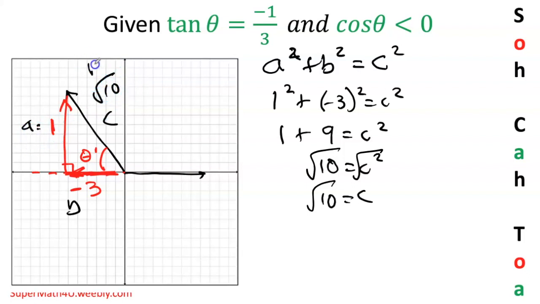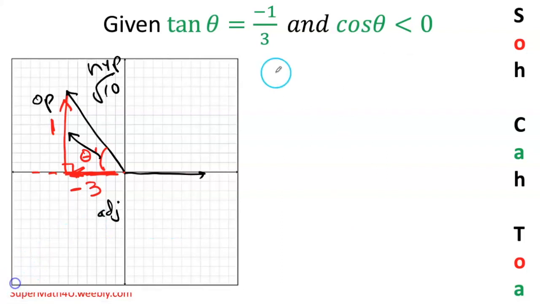Now I have my hypotenuse. This is my angle, so this is the opposite, and this is the adjacent, right? Once I have that, it's time to find the ratios. So let's find the ratios. Let's start with sine of my angle.